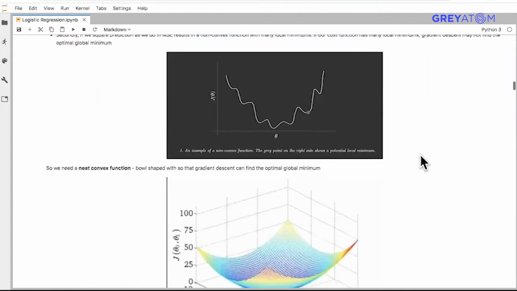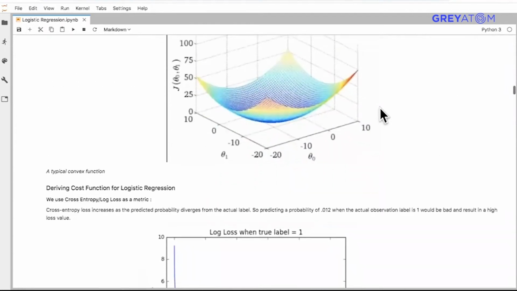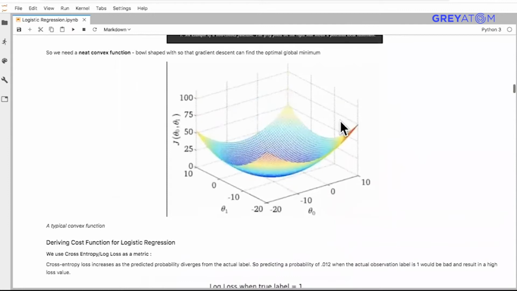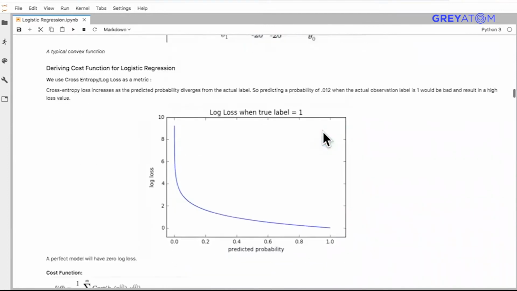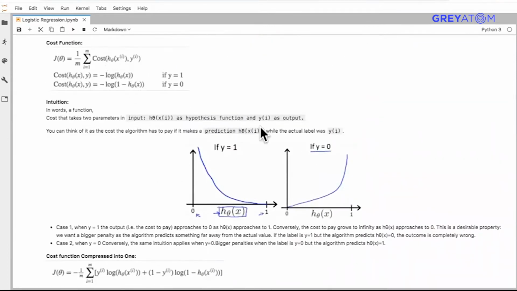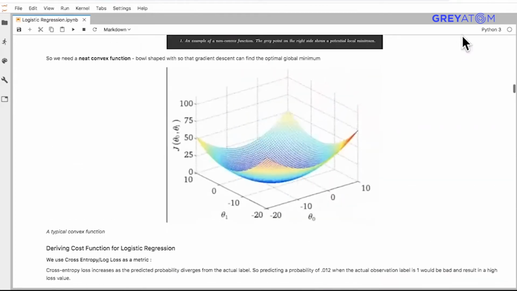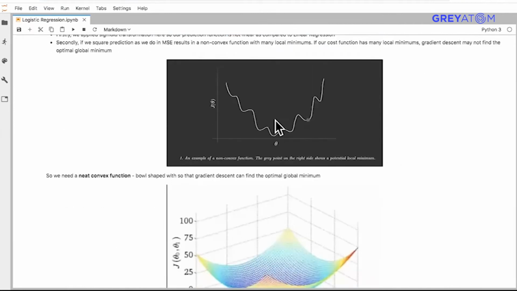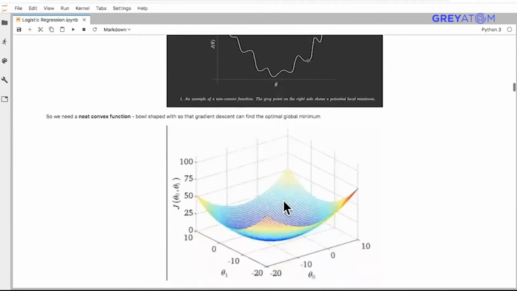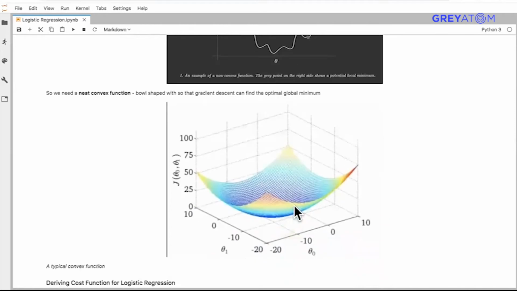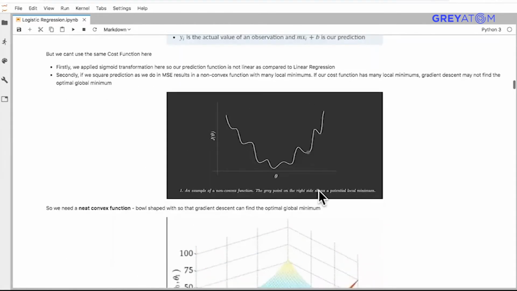But the function that we are using right now is a convex function. So it would only have one global minimum, not multiple local minimums, because we eliminated this part of local maxima by taking a simpler bowl shape curve rather than this.